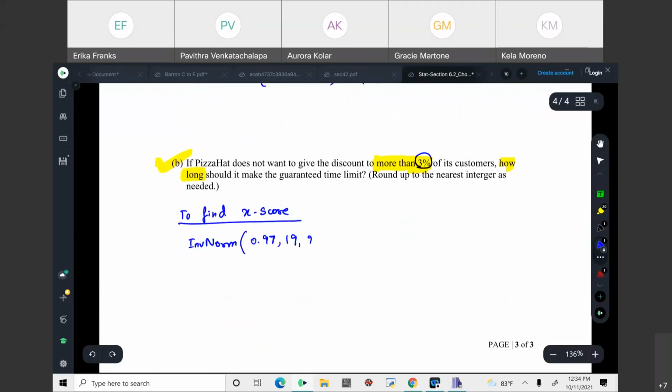Standard deviation is 2. Tell me this X score. 22.76. They're asking us to round up to the nearest integer, so it will be 23.